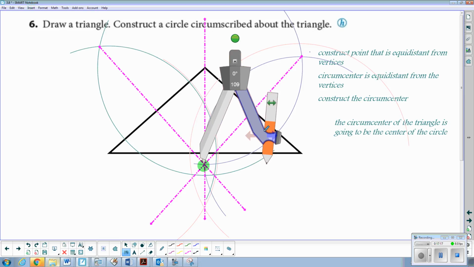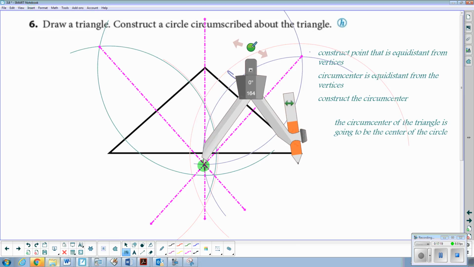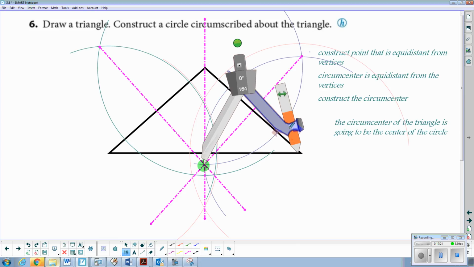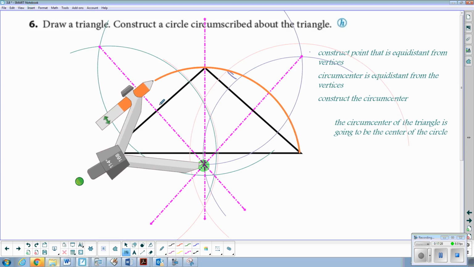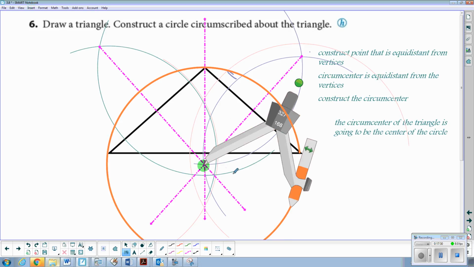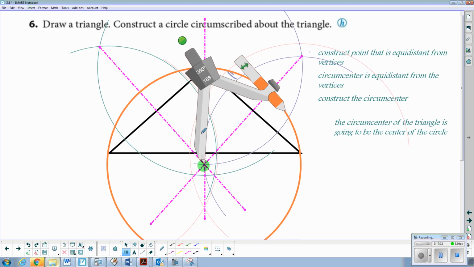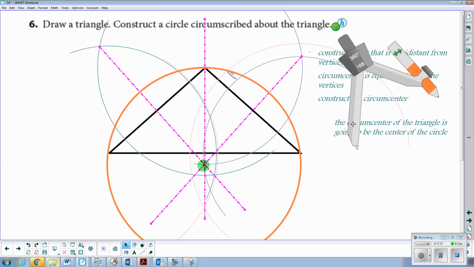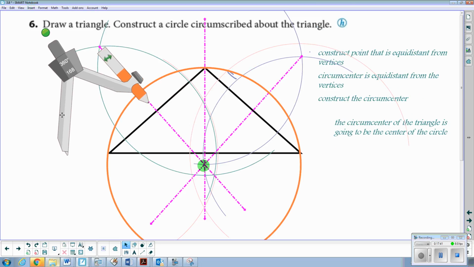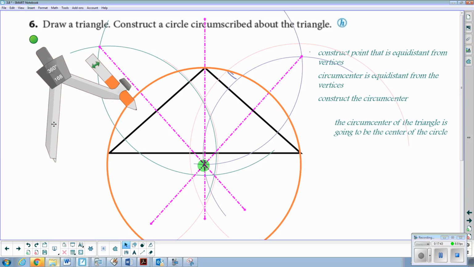And you're going to make it as wide as it is to one of the vertices. And then use your compass to draw the circle. So this is a circle that is circumscribed about the triangle. And we needed to do that. Before we did that, we needed to find the circumcenter of the triangle.